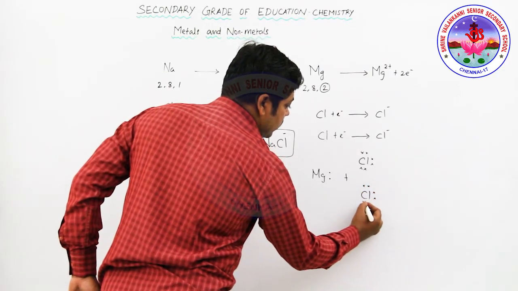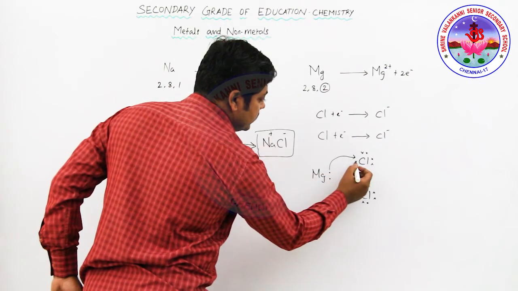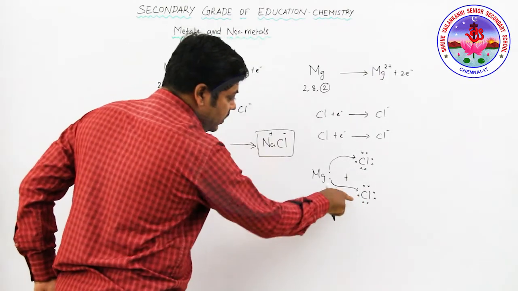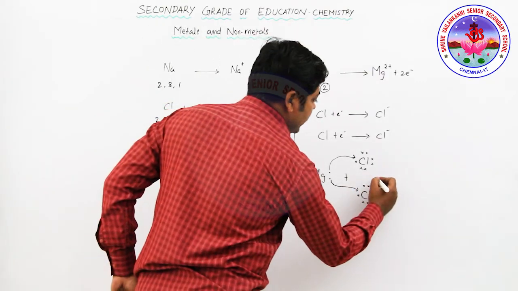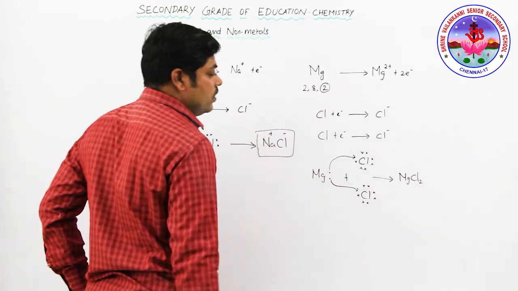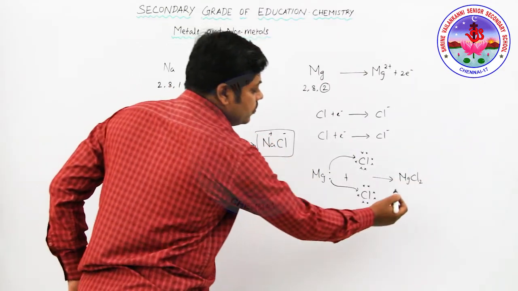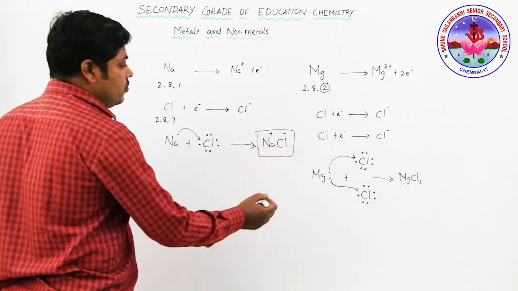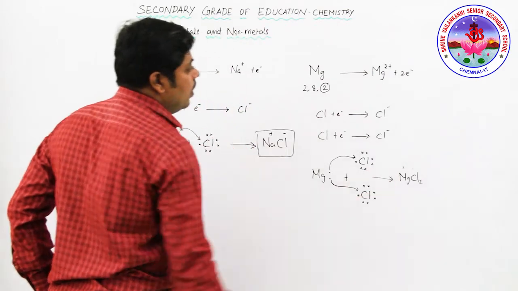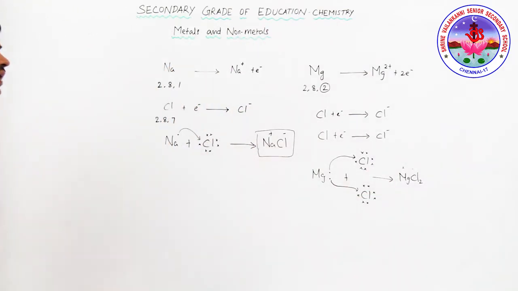Now 1 electron goes to this chlorine atom, and another 1 electron goes to the other chlorine atom to form magnesium chloride, that is MgCl2. That's why there is +2 and this has the -2 charge. So MgCl2 is formed. This also has positive and negative charges, that is why this is also an ionic compound in nature. This is the formation of sodium chloride and magnesium chloride.